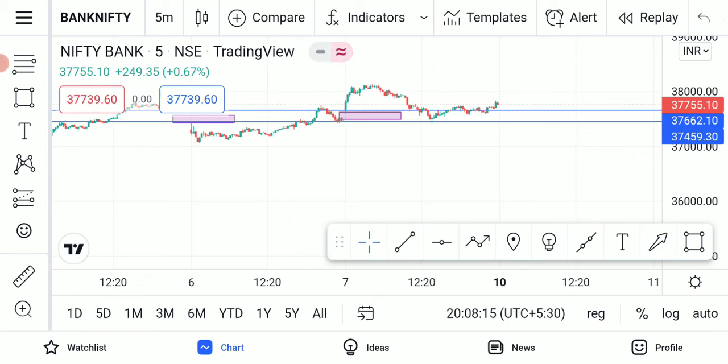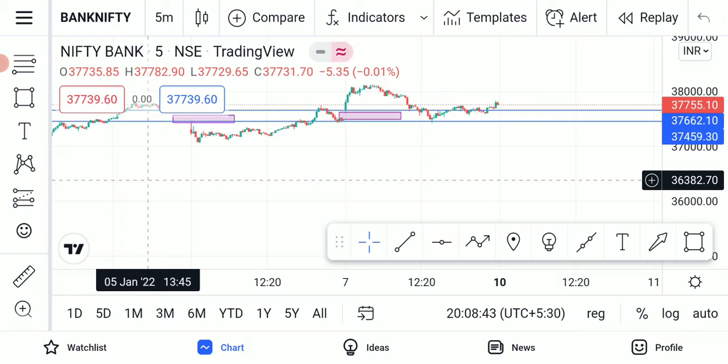if it is uptrending, moving upwards, what do you think about the put option premium? Imagine the price is trading at 38,000. If you take a put option at 37,500, what will the premium be? It will be nearly 100 or below 100 only.